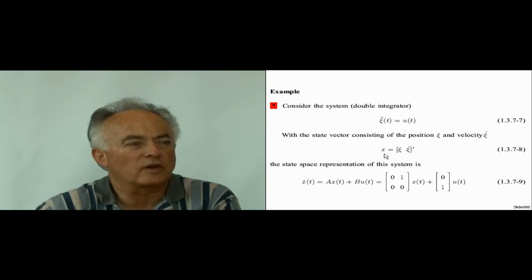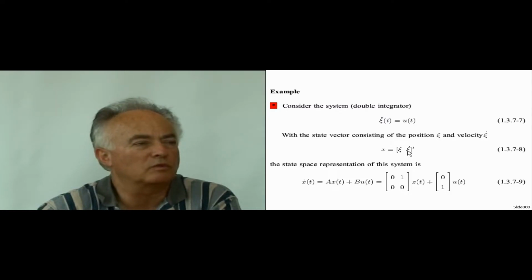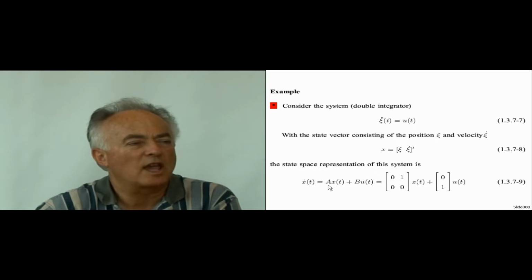And here's the state vector for such a system: position and velocity. We're talking about motion in one dimension for simplicity. The state space representation of this system will be given by this matrix A. It has two zero eigenvalues, and a zero eigenvalue means an integration.